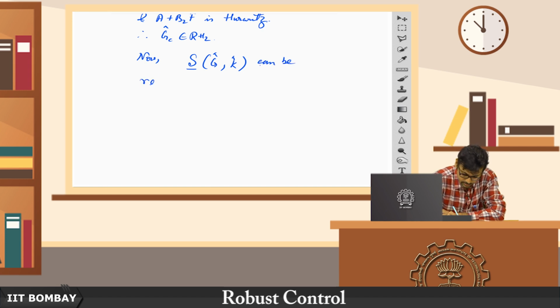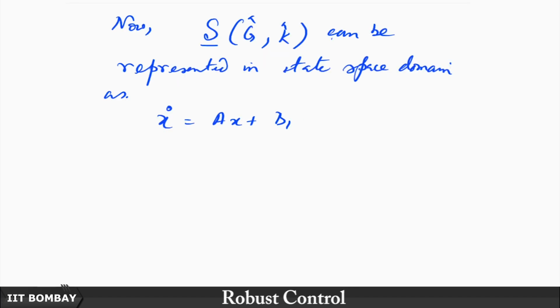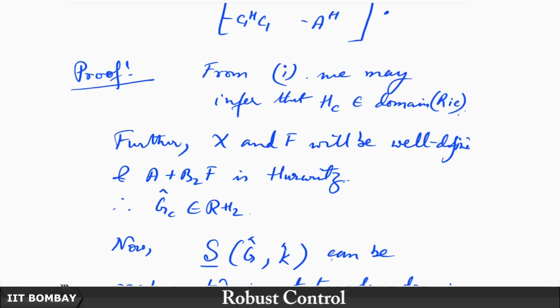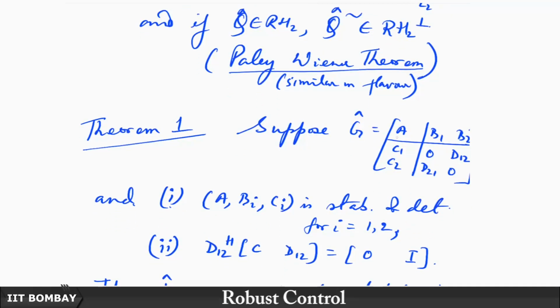It can be represented in state space domain as x dot is equal to Ax plus B1W plus B2U, Z is equal to C1x plus D12U. Remember what is the representation of G here? Yeah. So, A, B1, C1.